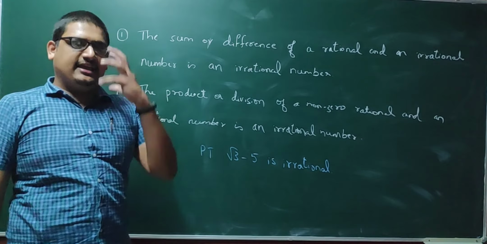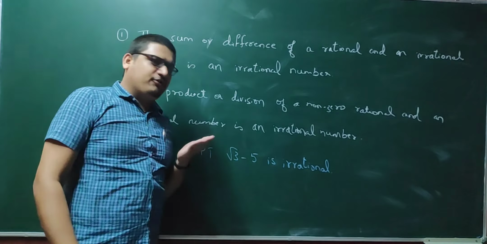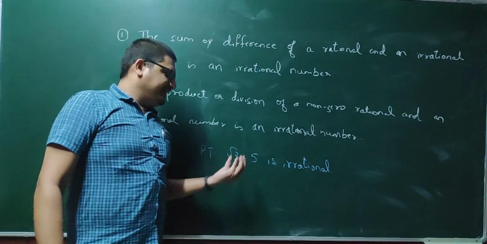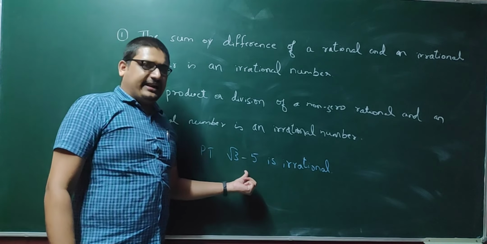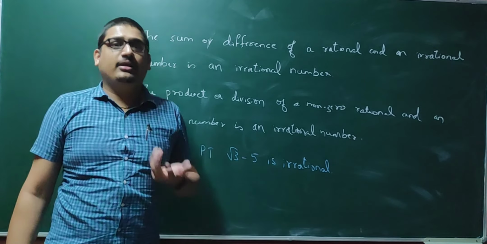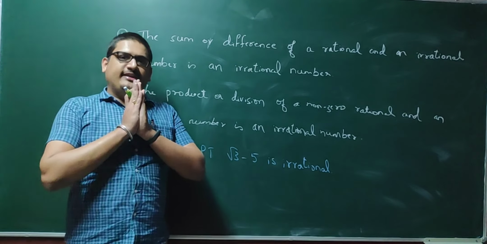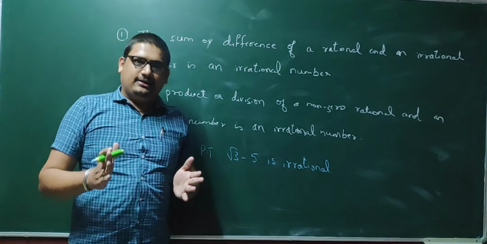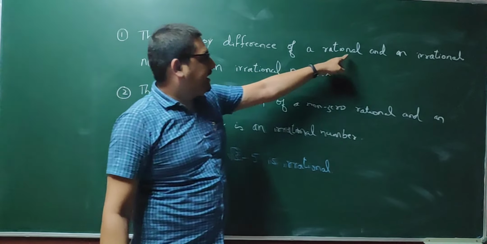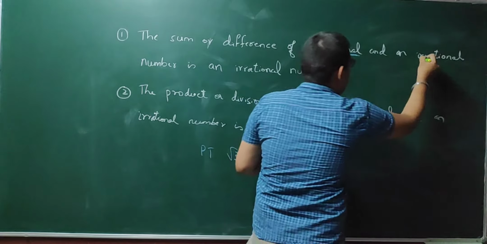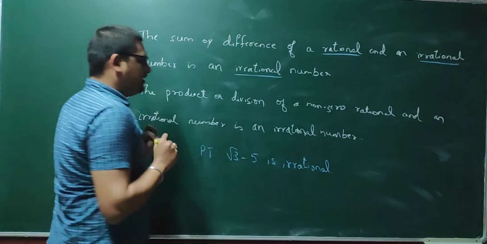So a doubt might arise in your mind. Root 3 is irrational, fine, I have studied, that is standard. But 5 is a rational number. So if I take an irrational number and a rational number and perform subtraction, will it result in a rational number or an irrational number? This doubt should not come into your mind. You should be very thorough and definitive that the sum or difference of a rational and an irrational number is an irrational number.